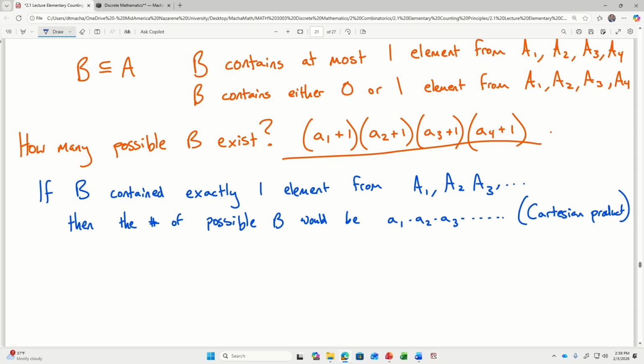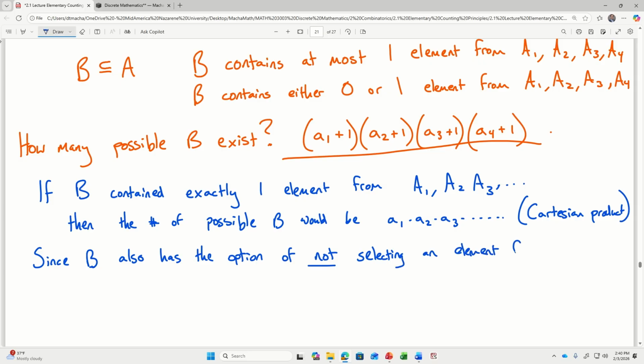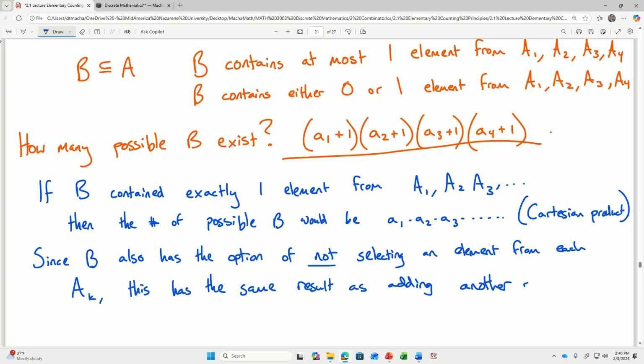But in our case, since B also has the option of not selecting an element from each set, this has the same result as adding another independent choice to each A_k.